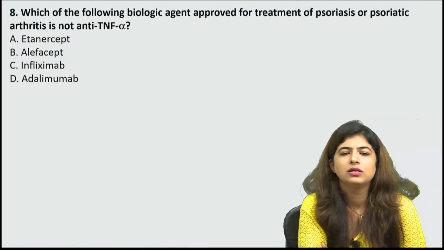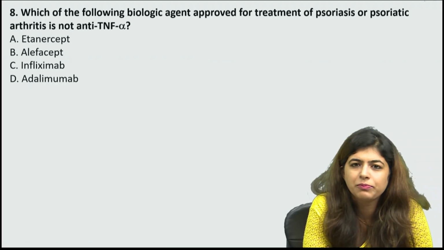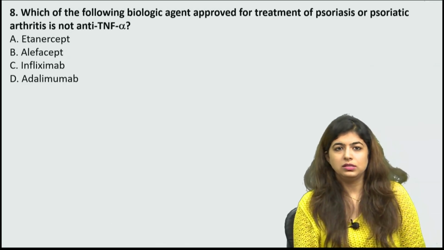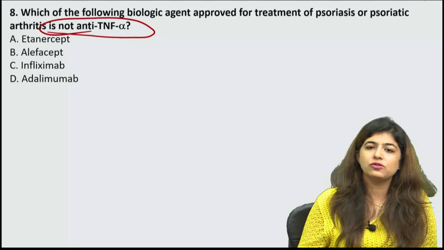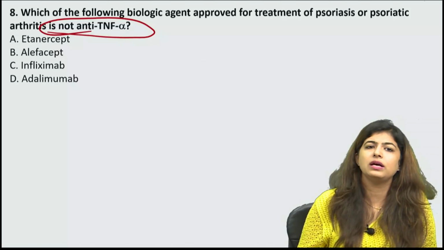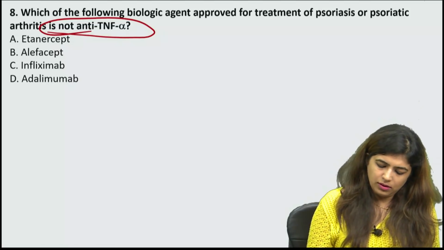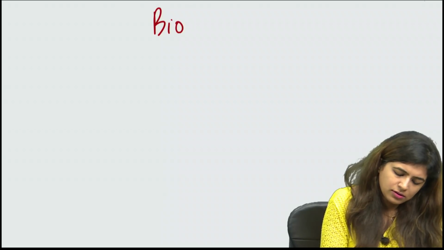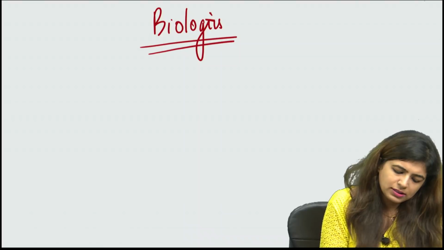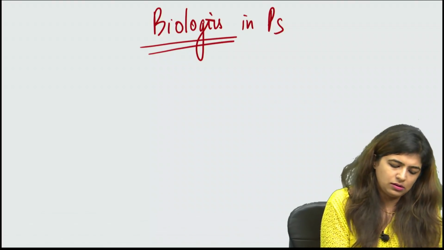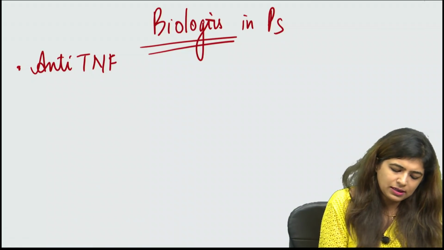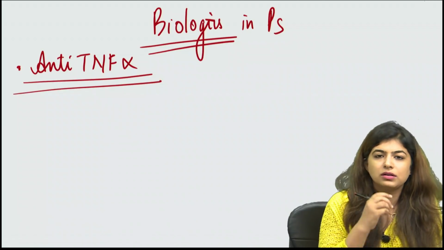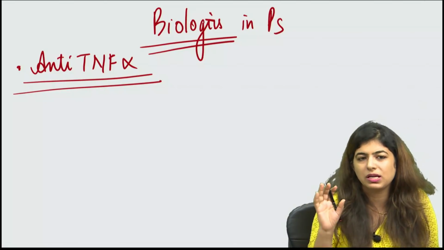The next question, which of the following biologic agent is approved for treatment of psoriasis or psoriatic arthritis and is not anti-TNF alpha? So the important point in this question is which of these is not anti-TNF alpha. Now, if we read the biologics that are used in psoriasis, first and the foremost, most important category is the anti-TNF alpha drugs, because these are the most commonly used and the most effective.